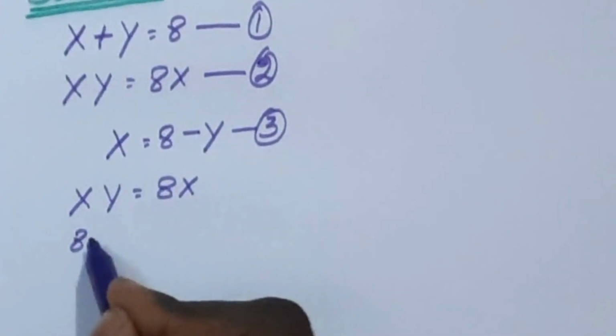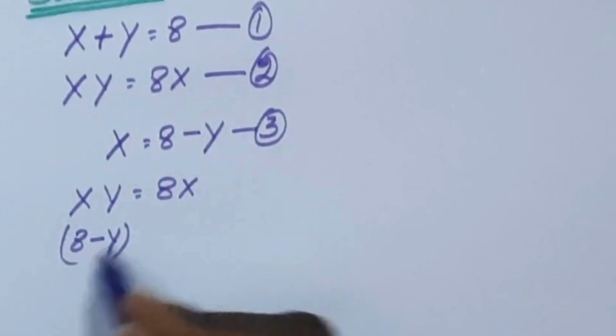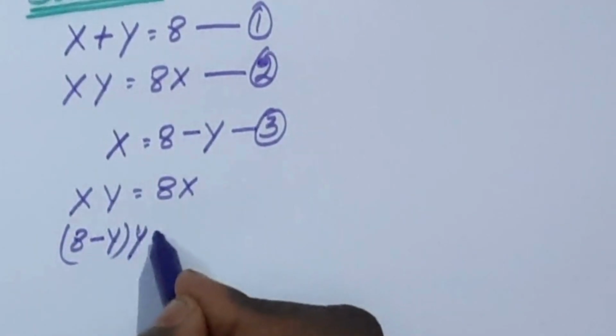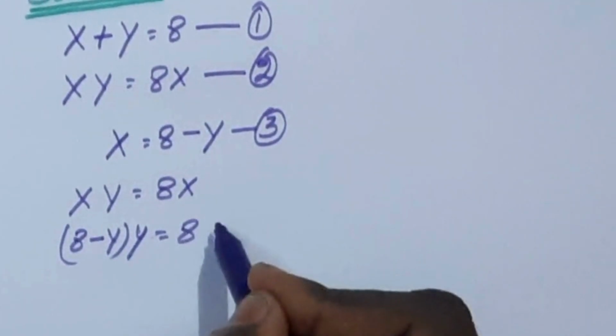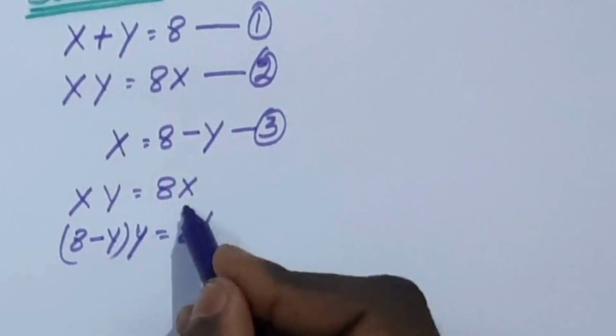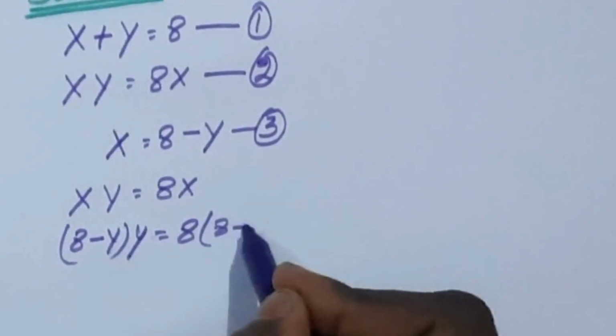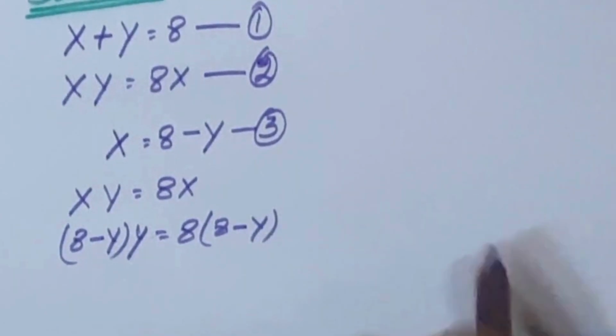So 8 minus y, this y equal to 8 times of 8 minus y.